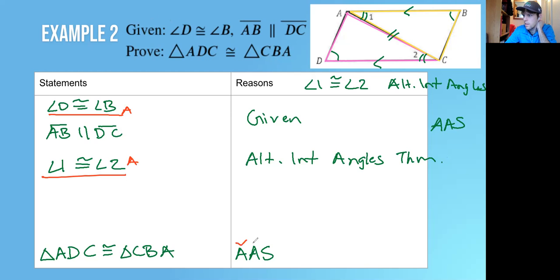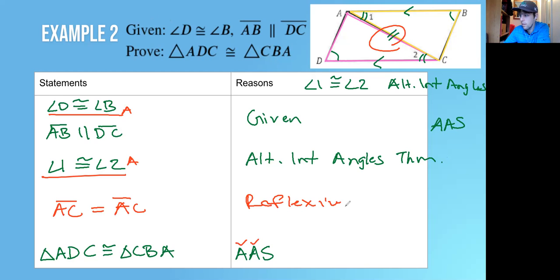So that's those two. And then the S. What was the S? Oh, yeah. So this was the shared side. This is going to be congruent to itself because it's the same name in both triangles. And that's the reflexive property of congruence. You could also write that it's a shared side if you wanted to.